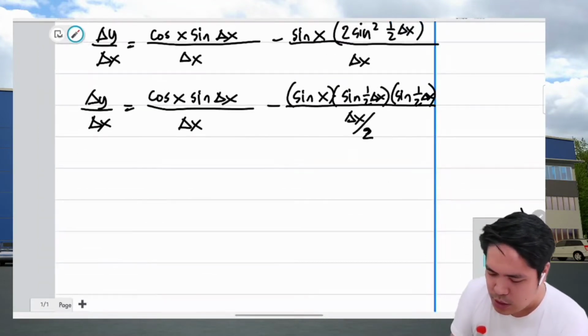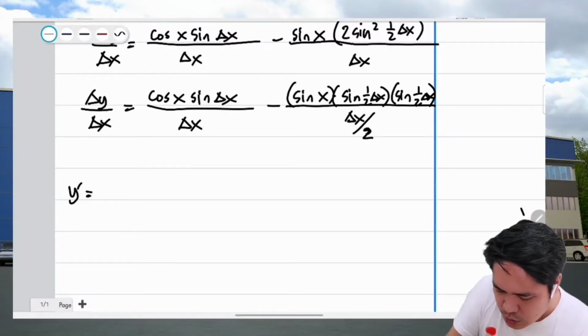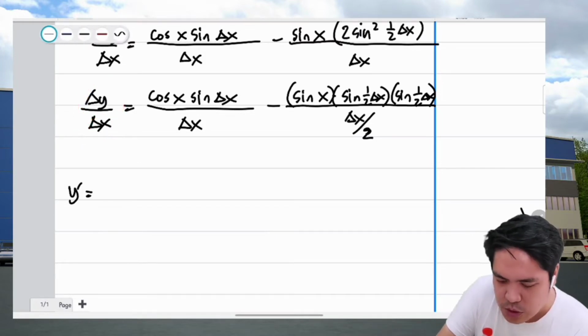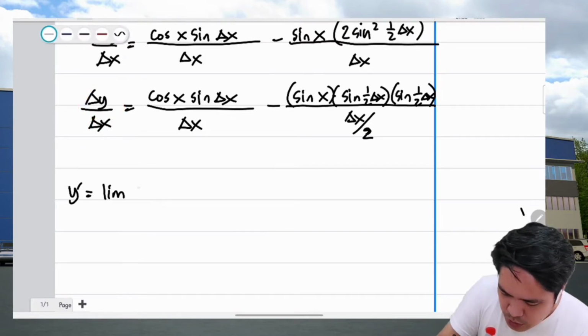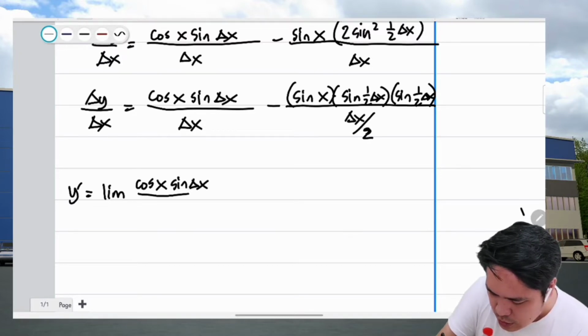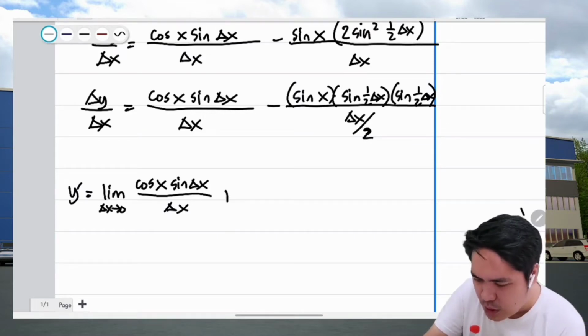Now, if we get y prime, which is equal to the limit of this as delta x approaches 0, this would become the limit of cosine x sine delta x over delta x as delta x approaches 0, plus, or no, minus.